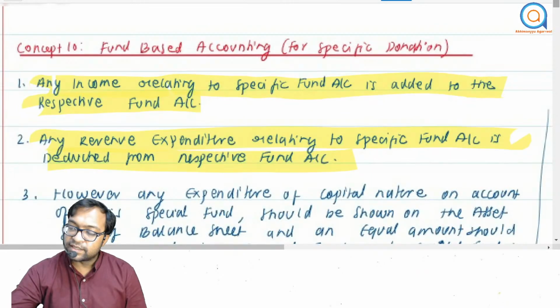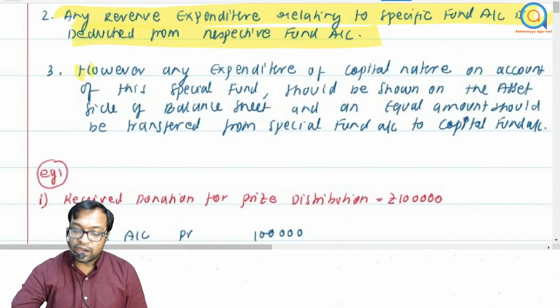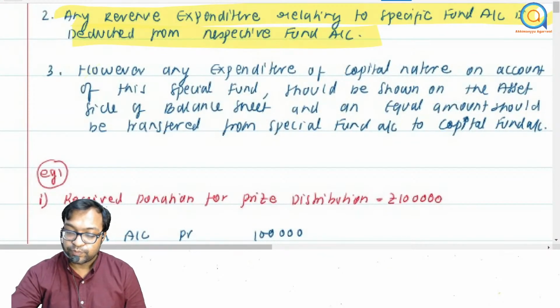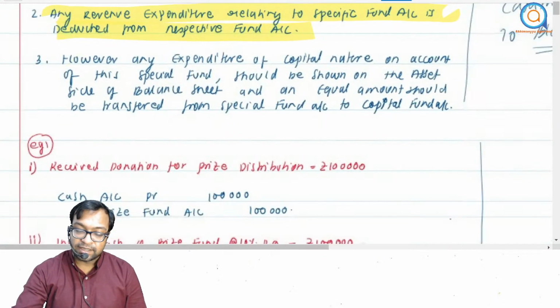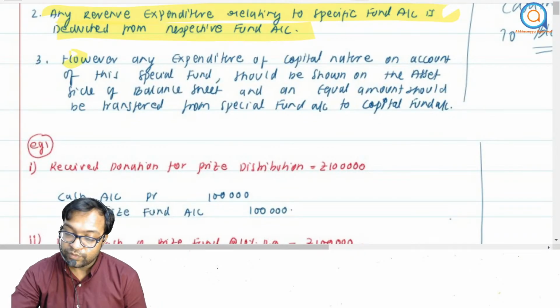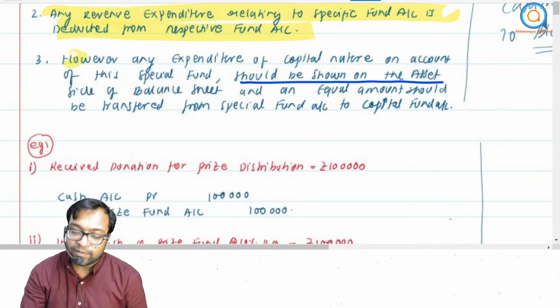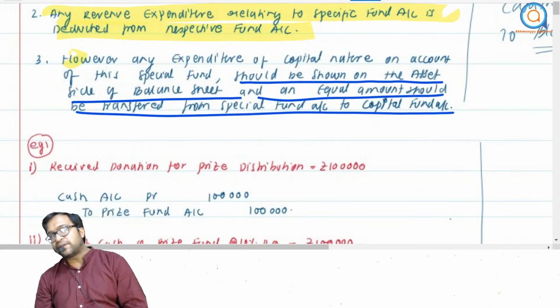And last point, sir. However, any expenditure of capital nature which is on account of this specific fund, what is to be done? It should be shown on the asset side of the balance sheet, and an equal amount should be transferred from the specific fund to the capital fund.